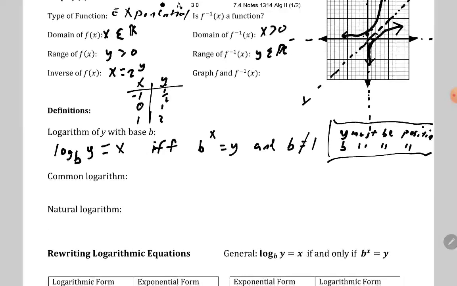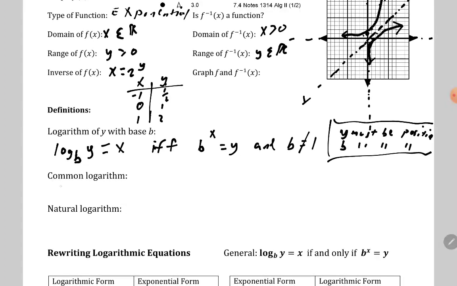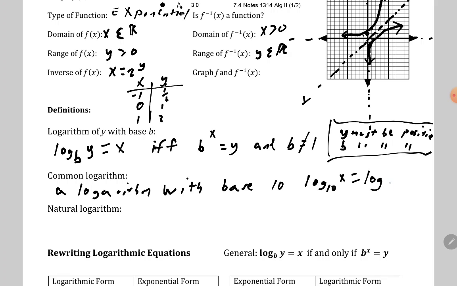A common logarithm is a logarithm with base 10. So normally you write log base 10 of x, and in your calculator you'll just see log. And that's what it means. It means log base 10. Alright, let's see what's next.